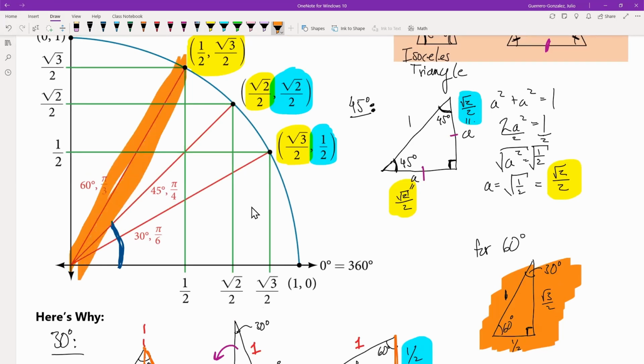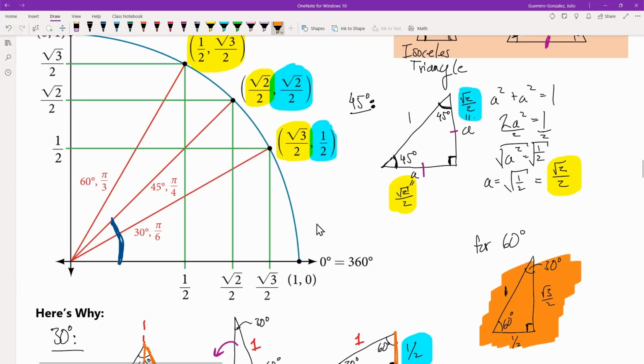Like I said, all of this is based off of just the Pythagorean theorem. You have no idea how much of trig is based off of the Pythagorean theorem. Okay? There we are. We have constructed the values for our unit circle.